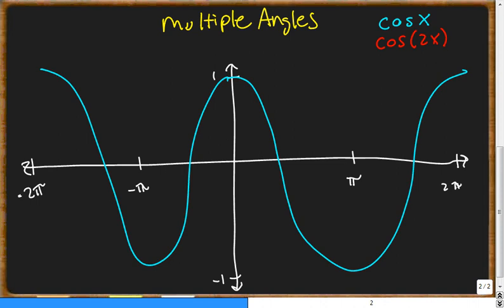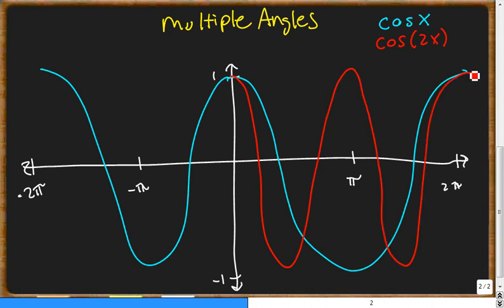That means it's doing twice as much in the same amount of time. So I'm getting something like this, where I've got 3 peaks instead of 2, and 2 valleys, or minimums, instead of 1 in the same amount of time.